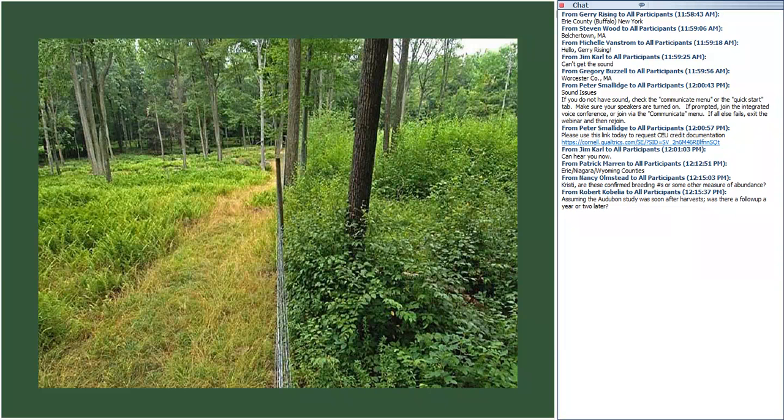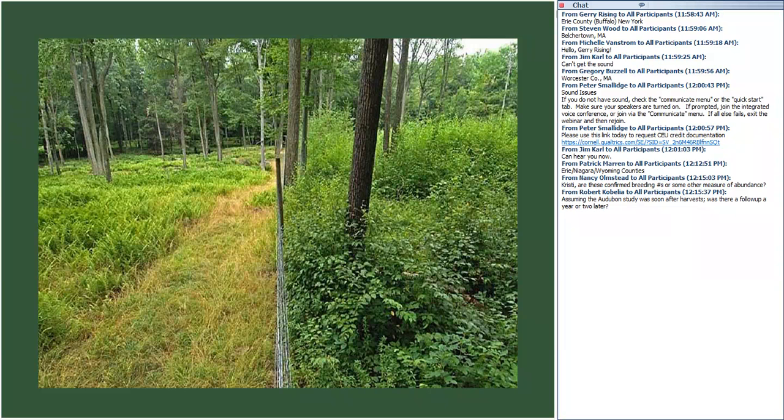You can see the fence going down the middle. Deer can't get into the right-hand side, and they can get into the left-hand side. And so you can see that there's a nice thick understory to the right where deer have been prevented from entering. And in the left, you can see that there's a lot of fern that's become established on the forest floor, not much understory structure at all.